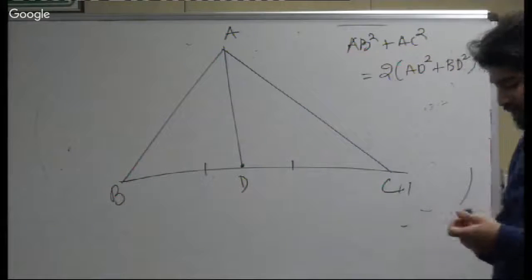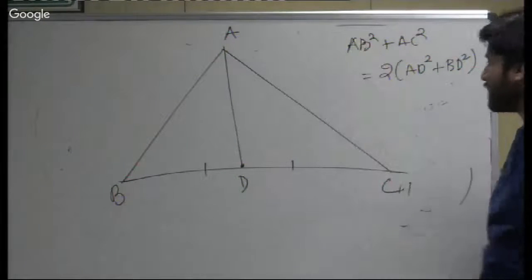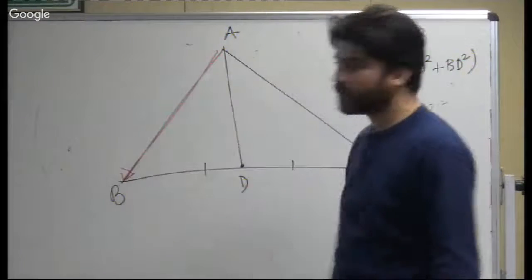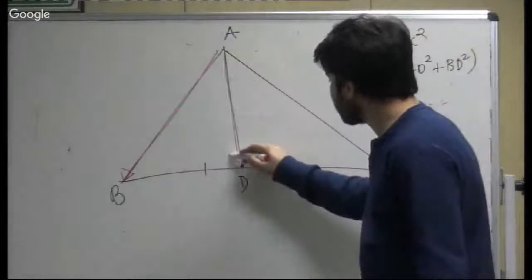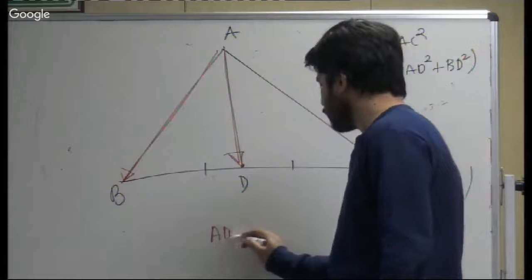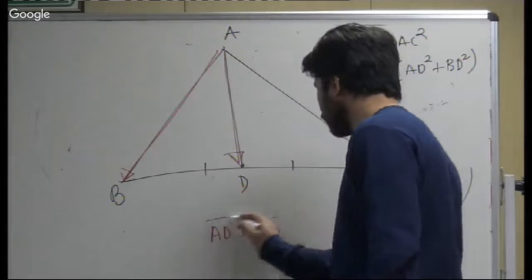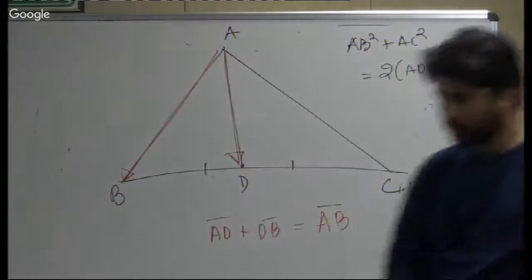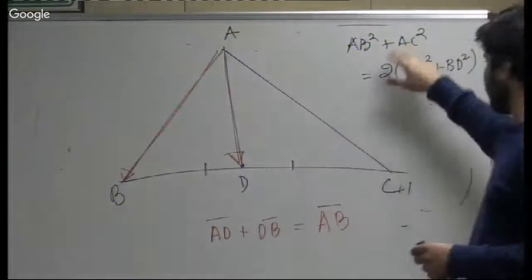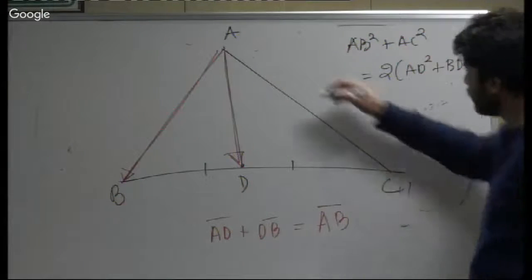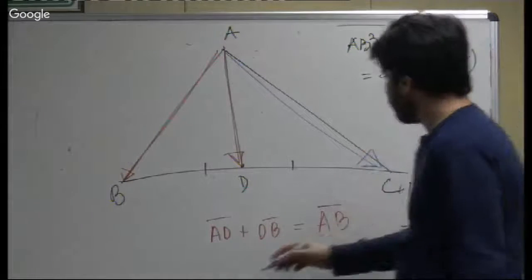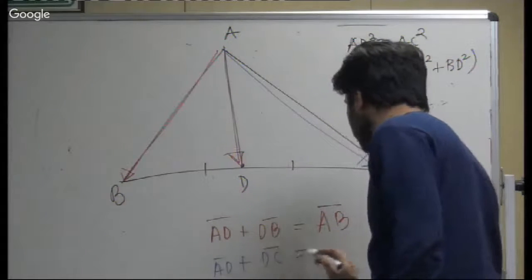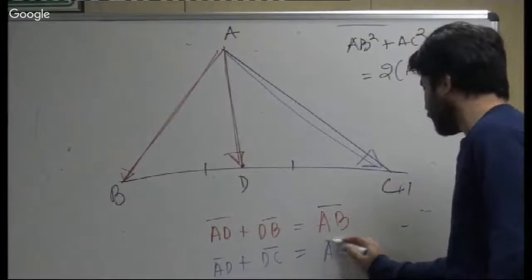I'll just observe the left hand side. On the left hand side, what I see is AB. This is my AB vector. So I can say AB vector is nothing but AD plus DB. Clear or not clear? Clear. On the left hand side, again see the other vector, which is AC. So I can say AC vector is AD plus DC.